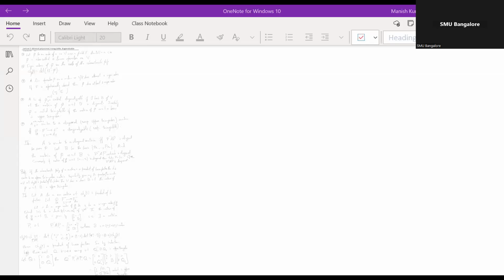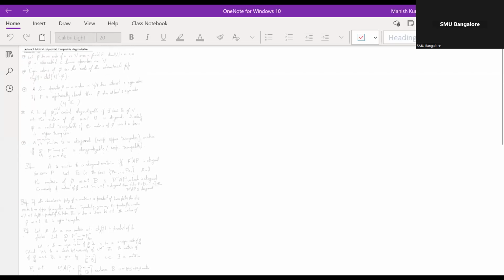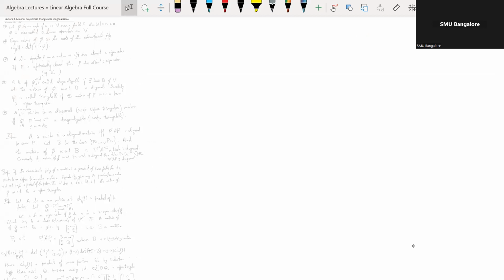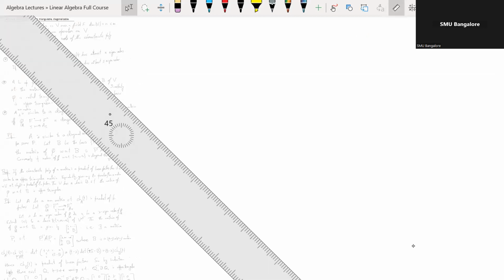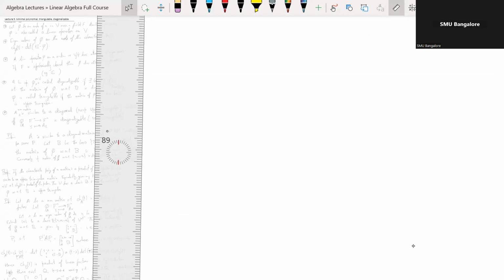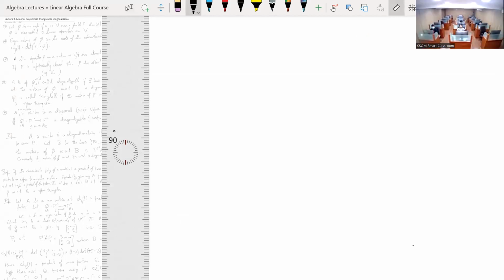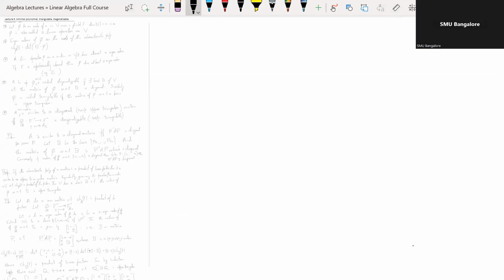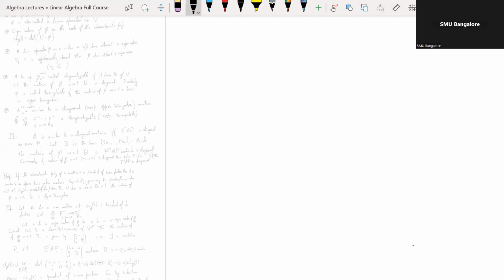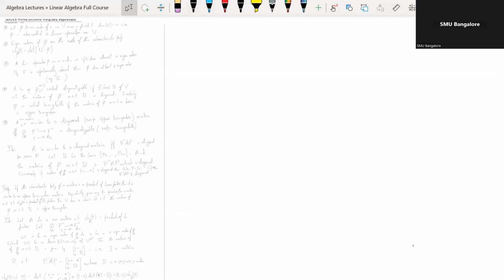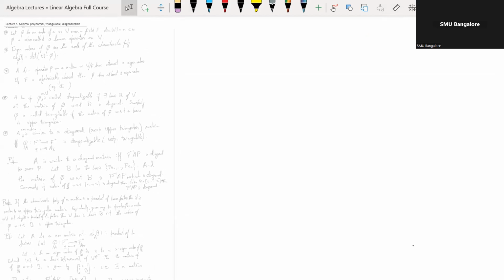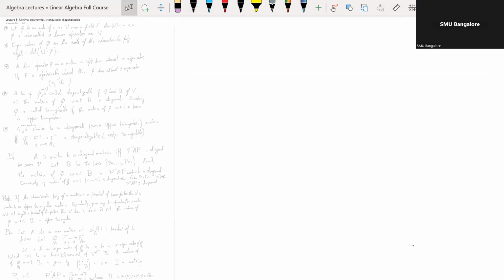Maybe it's a bit too small. Is this still visible a little bit? Please talk, otherwise it becomes a dead class. Is it visible somewhat, or should I make it slightly bigger? Yes, sir. Make it slightly bigger. Maybe this is better. Yes, sir. Okay.